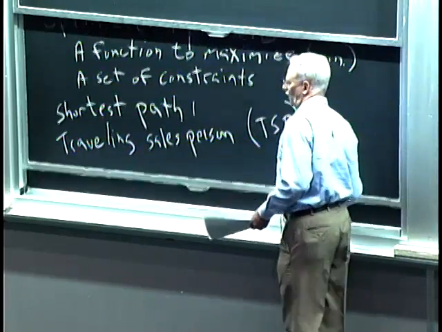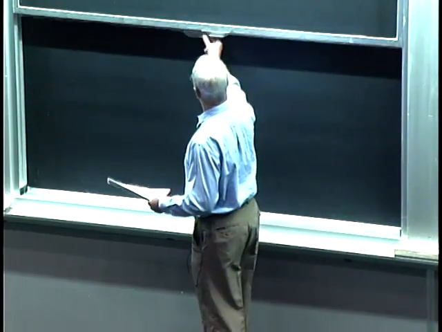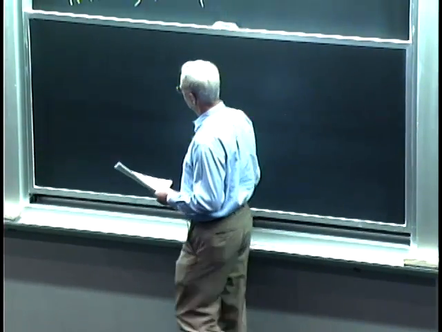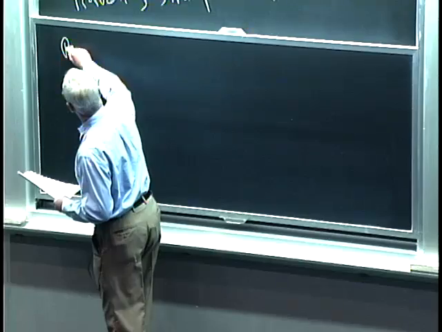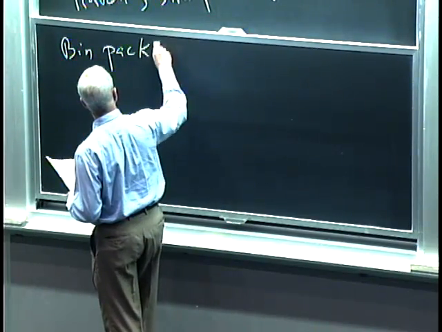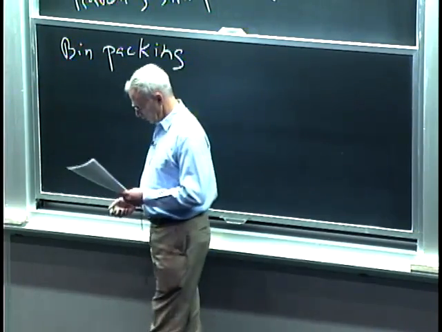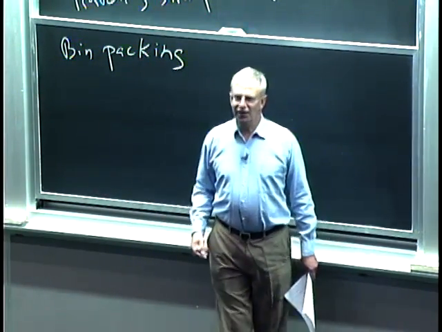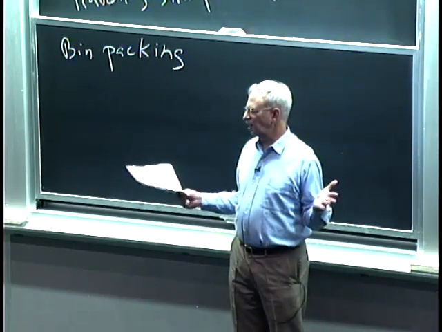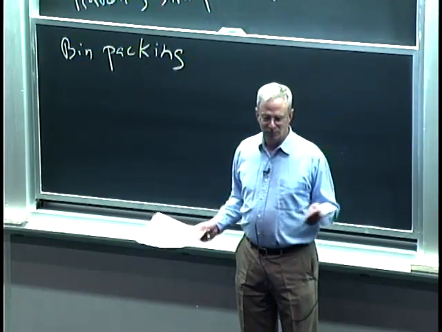What are some of the other classic optimization problems? There's bin packing. Filling up some container with objects of varying size and perhaps shape.